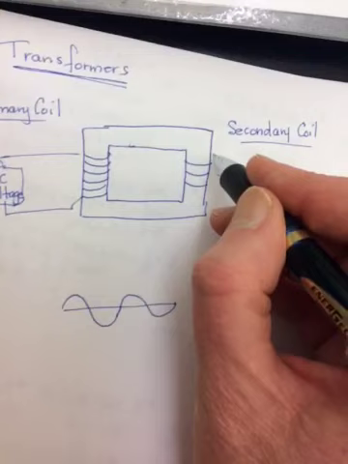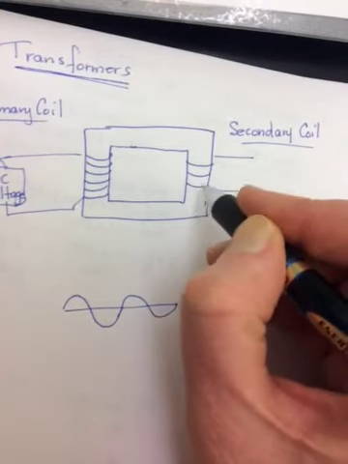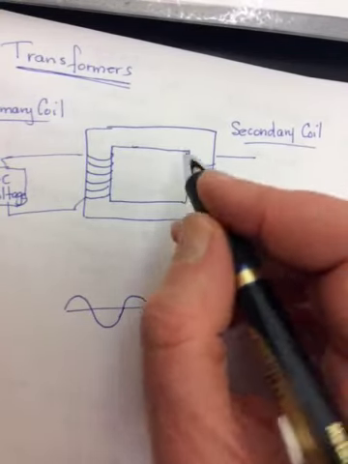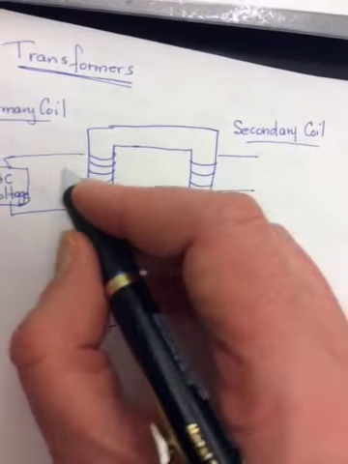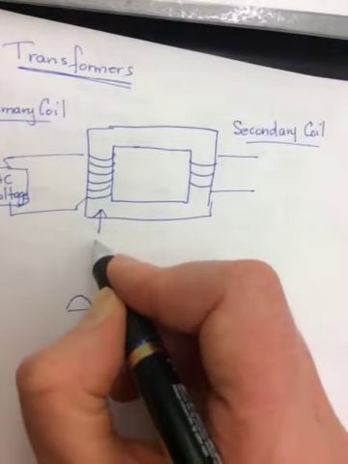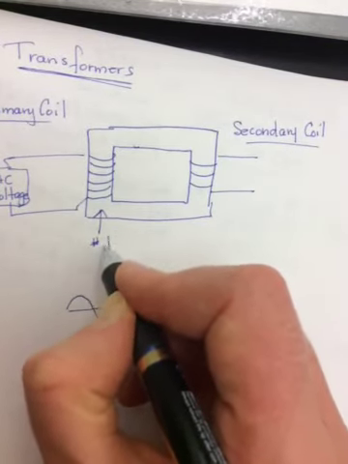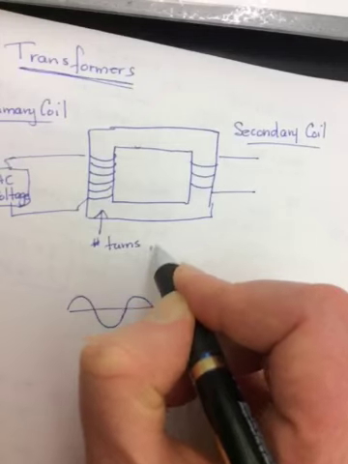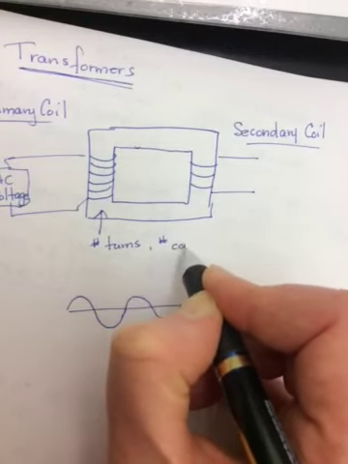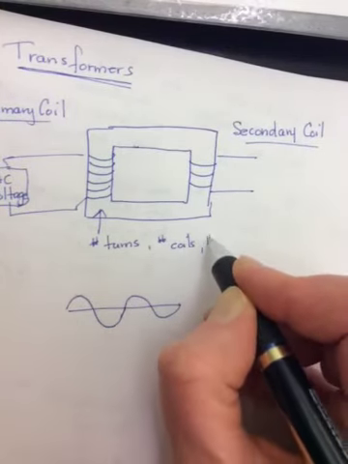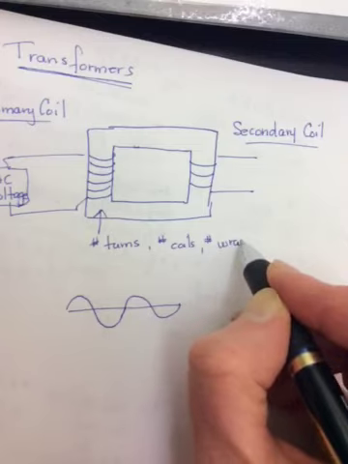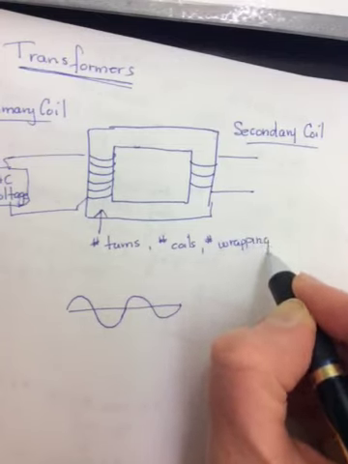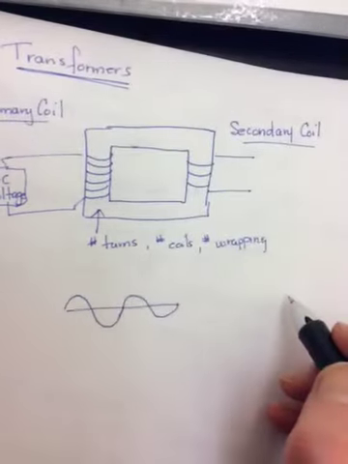The induced EMF over here in the secondary one is proportional to the primary voltage and to the number of turns or wrappings. So sometimes they're called number of turns. They could be called number of coils, number of wrappings. It just means how many times you've wrapped the wire around that iron core.